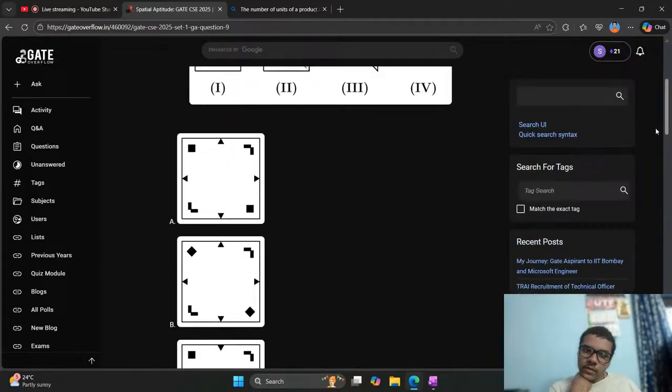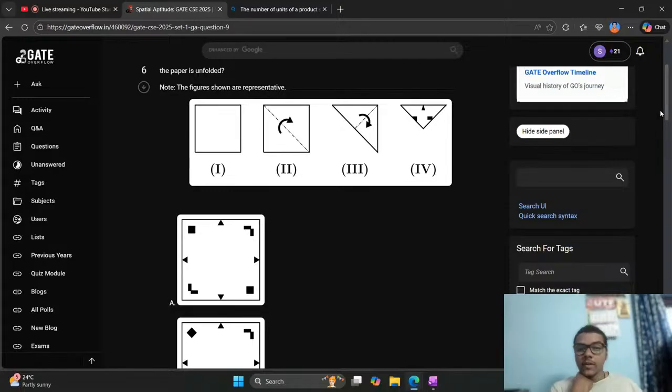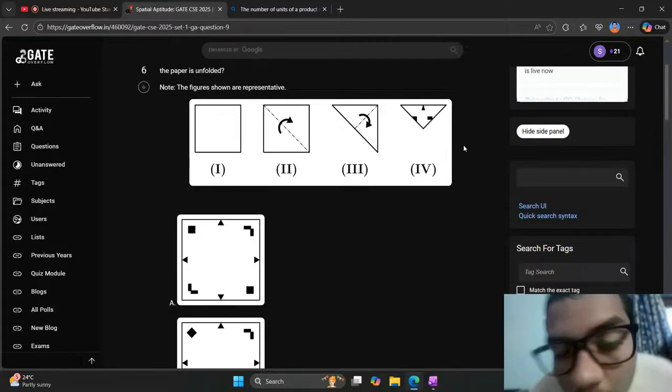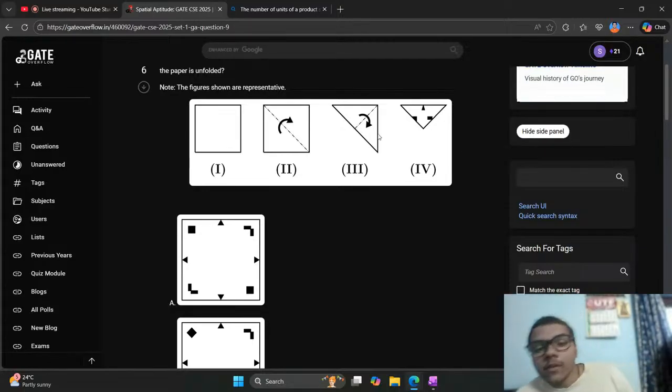Okay, I need to work out on this. I need to trace the cuts. If you fold it like this, it will become this, and it was up, right?